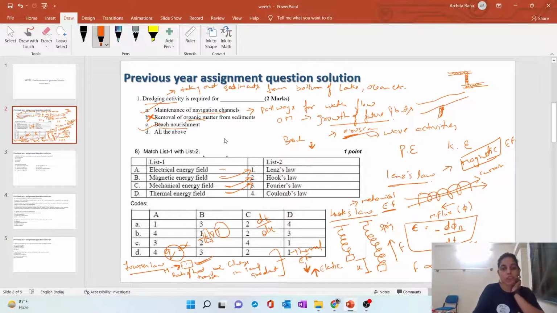Now what is left is Coulomb's, right? So Coulomb is the easiest one. What Coulomb's law suggests is that if there are two charged particles at distance r, then the force applied on those charged particles is directly proportional to the multiplication of their charges and inversely proportional to the square of their distance, right?